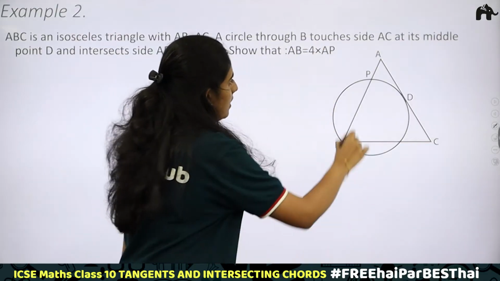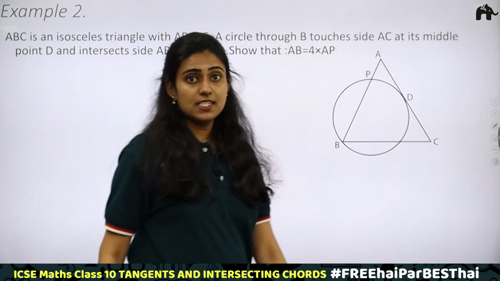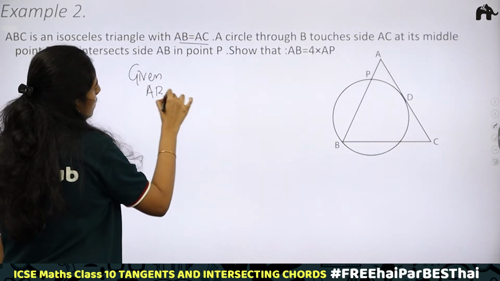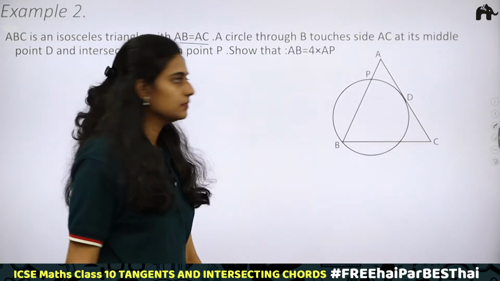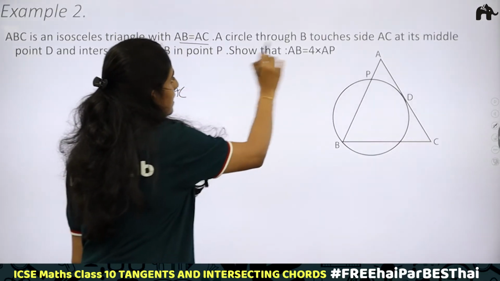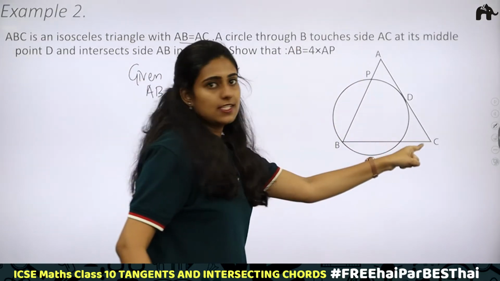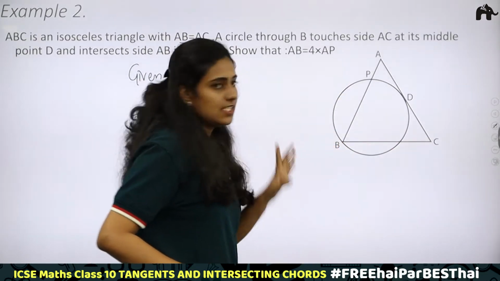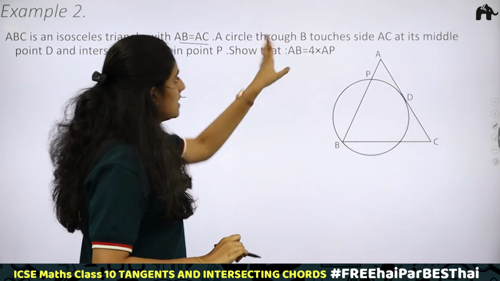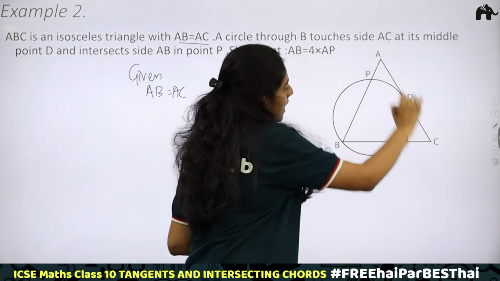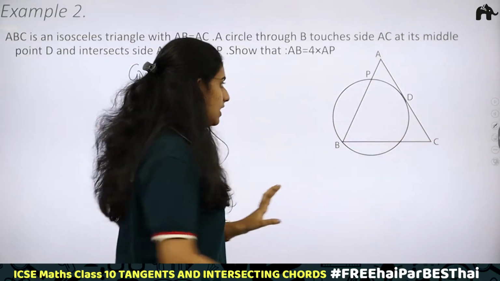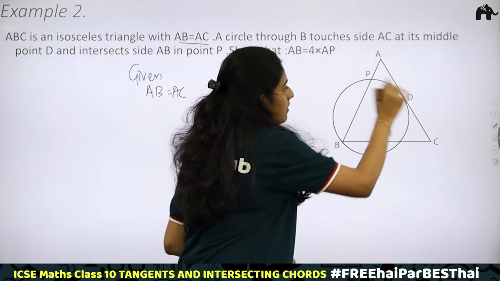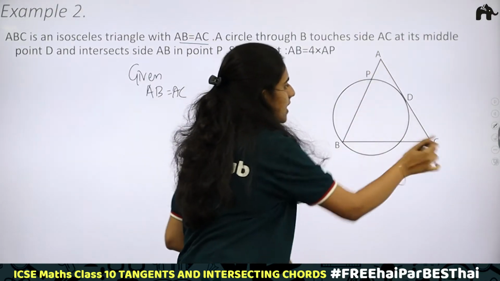Here we have a triangle ABC. ABC is an isosceles triangle, given that AB is equal to AC. Now, a circle through B. B is a vertex of triangle ABC. So, a circle that touches B will be touching the side AC at the middle point D, which means AD and CD are of equal length and AD will be equal to half of AC.